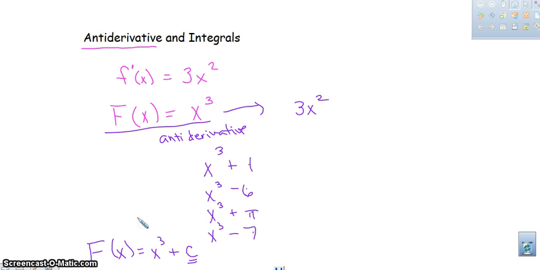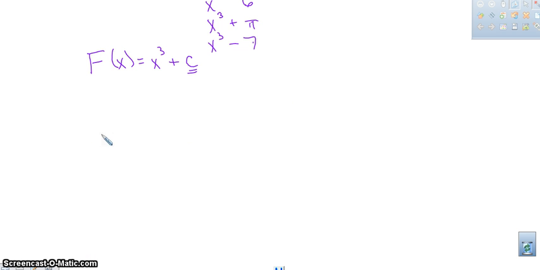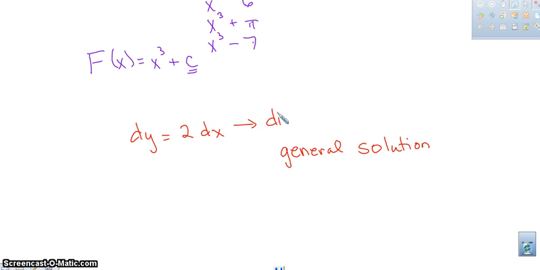A lot of times they use antiderivatives with those differential equations that we used last week. So if I gave you this differential equation dy equals 2dx, and they want you to find the antiderivative of that, or they want you to find the general solution to a differential equation, which we talked about last week.